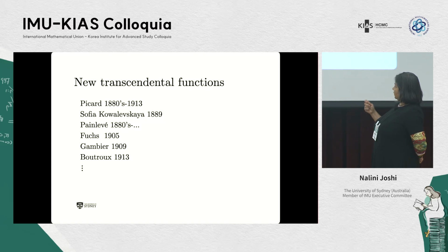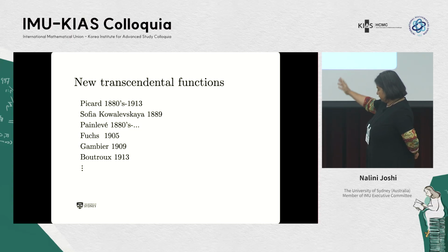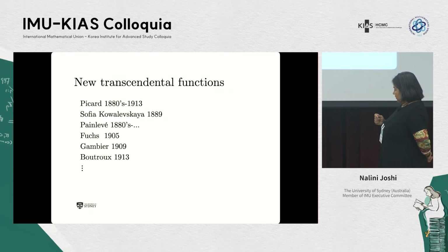And then Richard Fuchs, the son of Lazarus Fuchs, worked on this problem. Gambier, Boutroux, there are many, many other people leading all the way to the modern times with the work of Manin, Dubrovin, and all of the Riemann-Hilbert theory that is now known about this context.